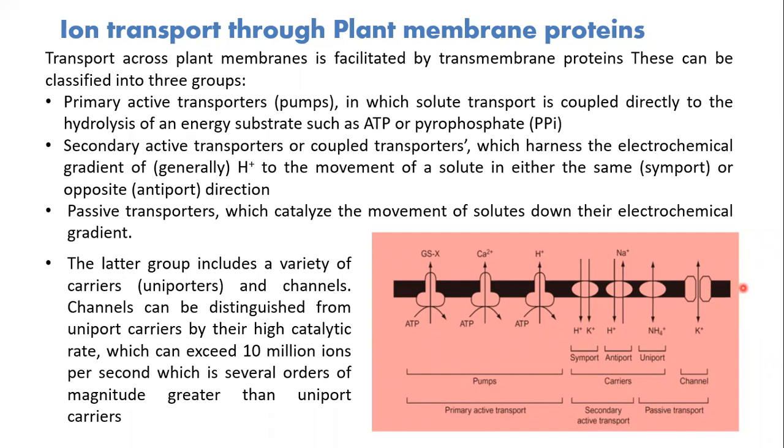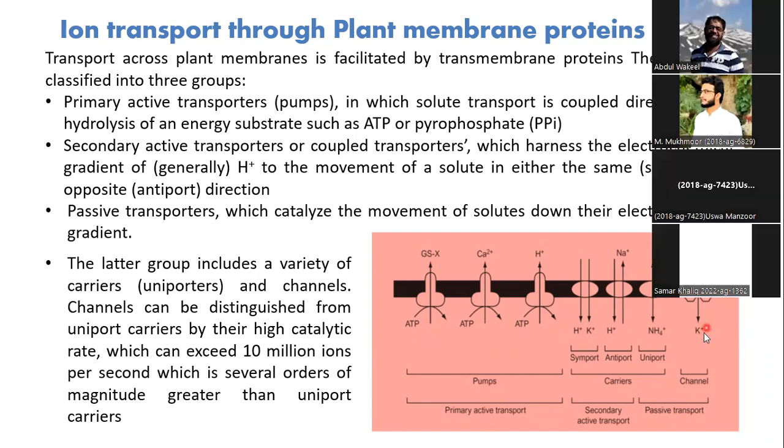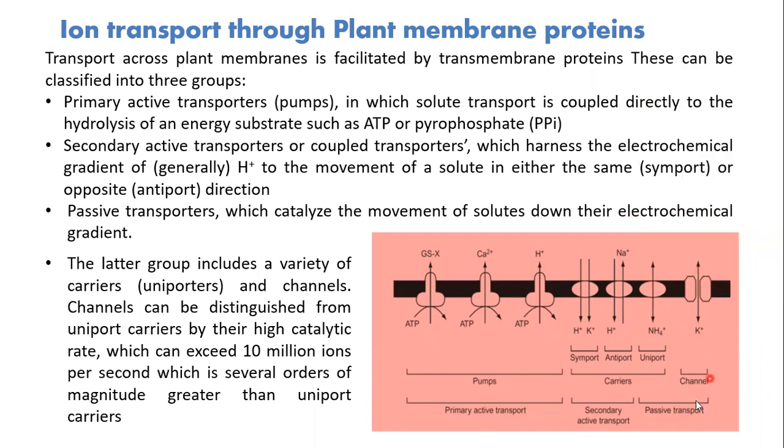But even when we say these are like open holes, it doesn't mean they allow everything to get into the cell, because these are also specific. These will allow only those for which they have a mechanism inside.